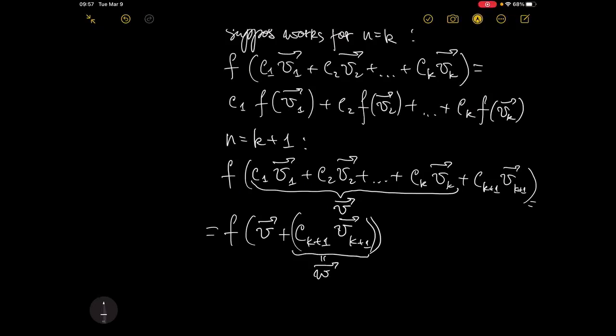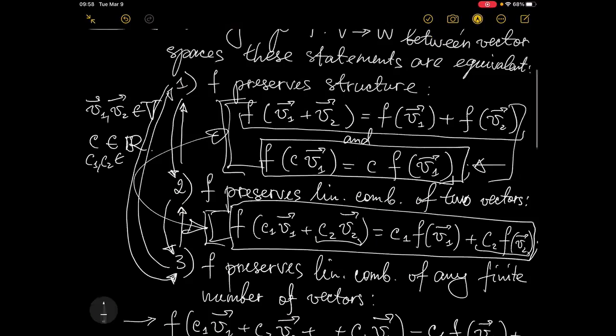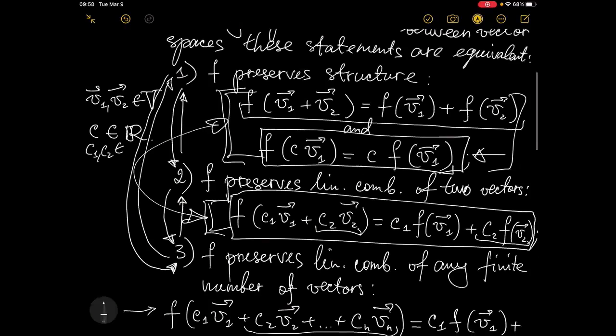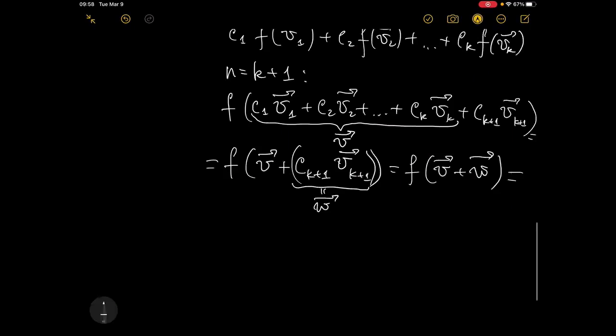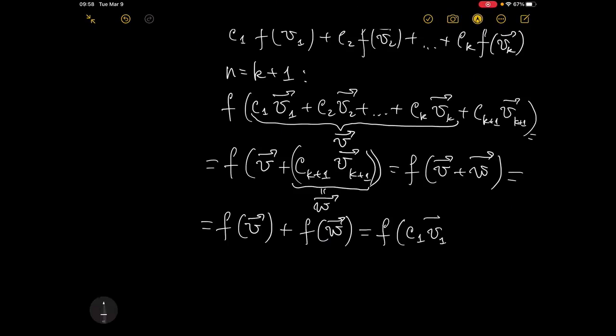So I'm getting f of v plus w. But then, we are going from 1 to 3, right? So I can use the first condition, and I'm getting that this is equal to f of v plus f of w, or it's equal to f of c1 v1 plus and so on, plus ck vk, plus f of w.